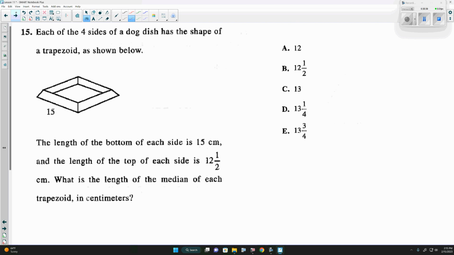Question 15. Each of the four sides of the dog dish has the shape of a trapezoid as shown. The length of the bottom of each side is 15 centimeters. The length of the top of each side is 12 and a half.